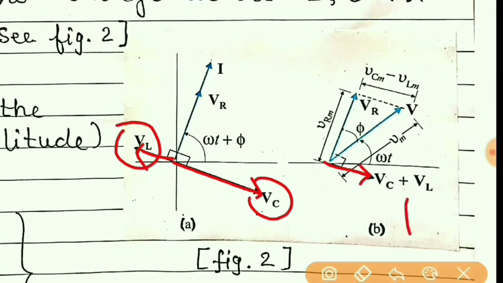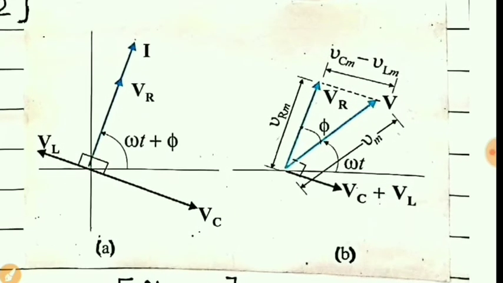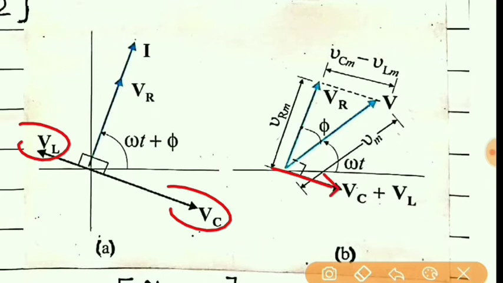Students, here plus is shown because this is a vector addition, a rotating vector addition, that's why plus is taken here. Otherwise, actually it is the voltage across the capacitor minus the voltage across the inductor. Now the result of these two is obtained, which is this.